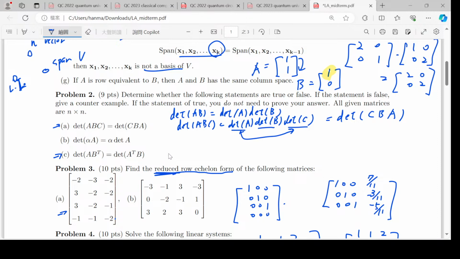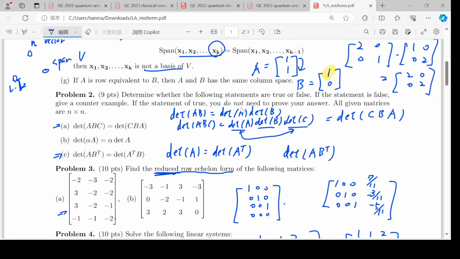And C is similar. The extra thing you need to remember is that det(A) equals det(A transpose).